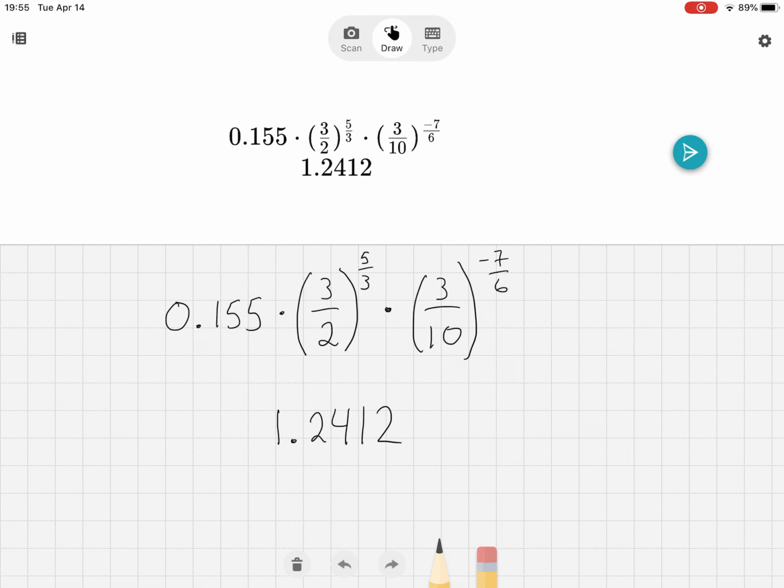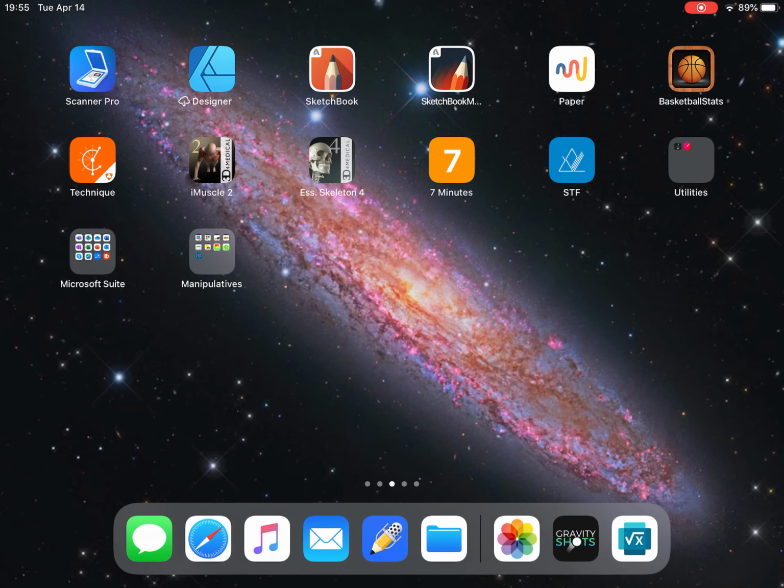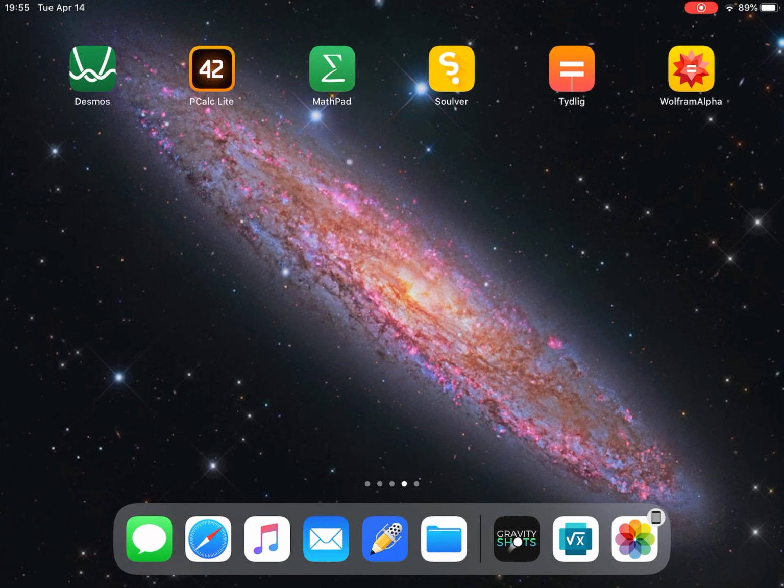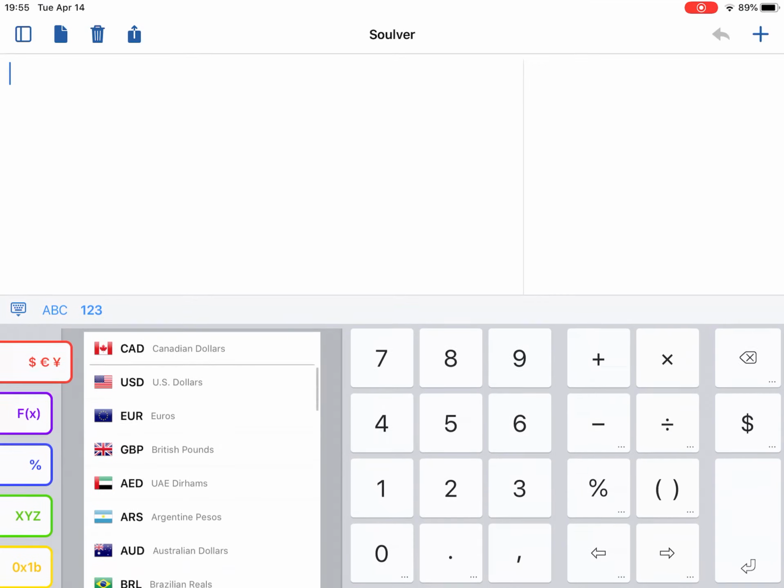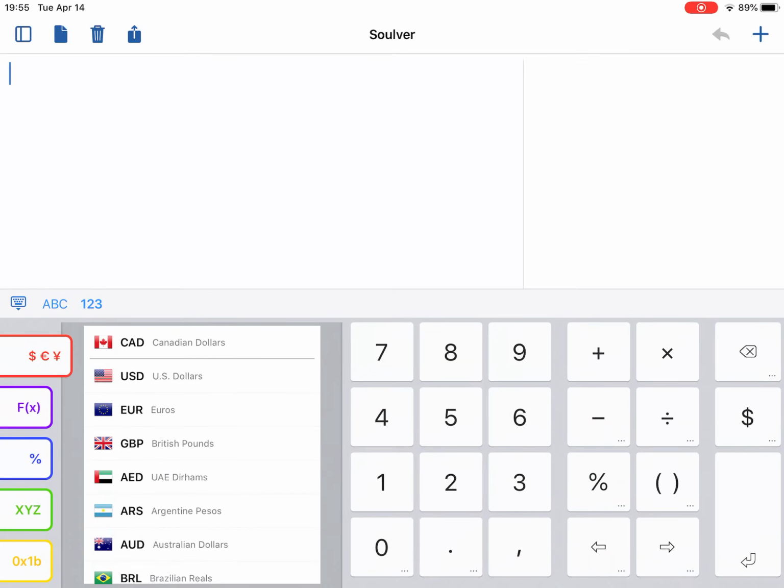There's a lot that you can do with this. I'm going to go into another calculator just to confirm this, a calculator that I know how to use. So get Microsoft Math. It can help you out with doing calculations. I know how to use the solver calculator.